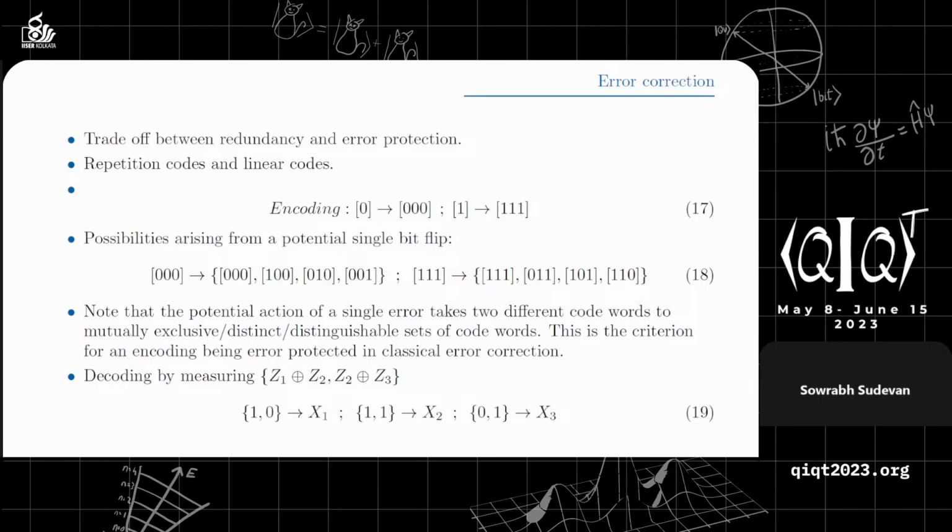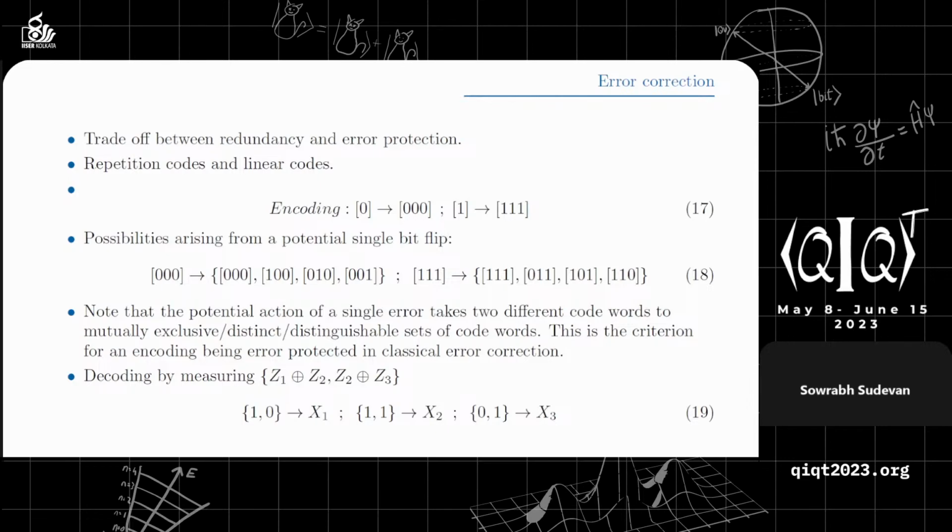If there is a single bit flip, the string of three zeros can go to these four possibilities. The string of three ones can go to these four possibilities. But these two sets of errored states do not have any intersection, right? They are distinct or mutually exclusive sets. So this is the basic idea.